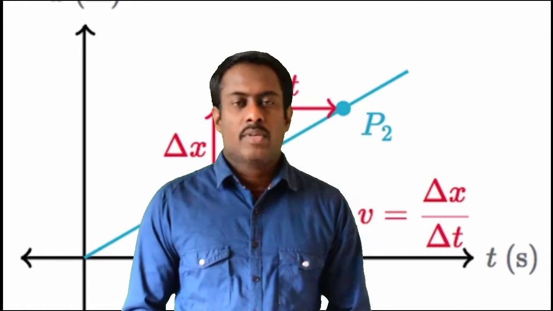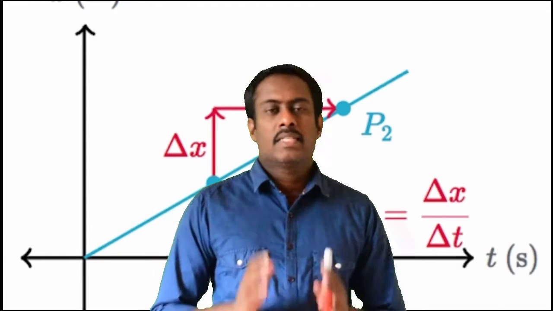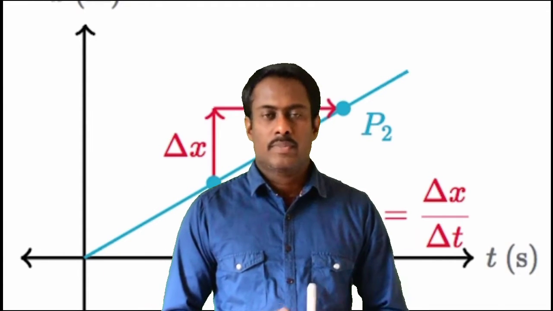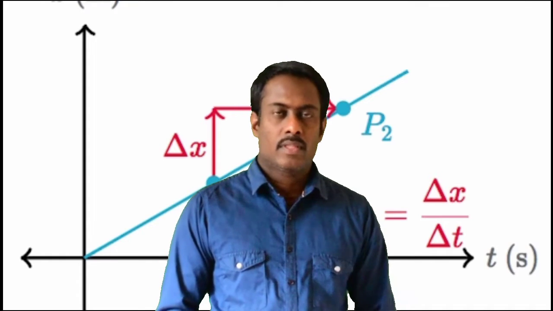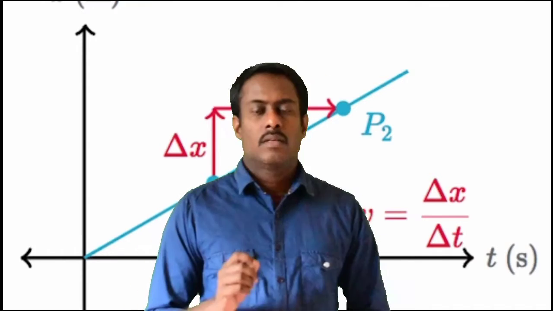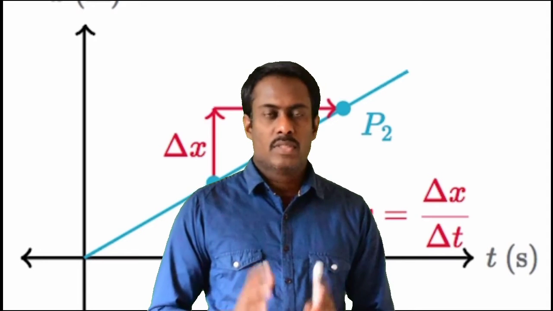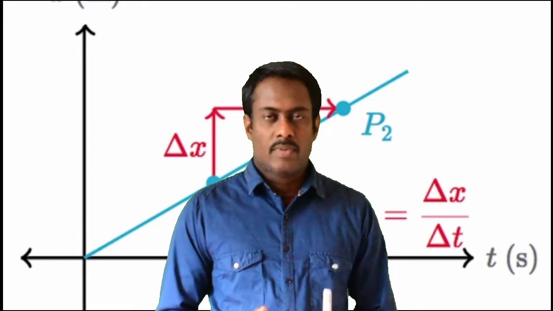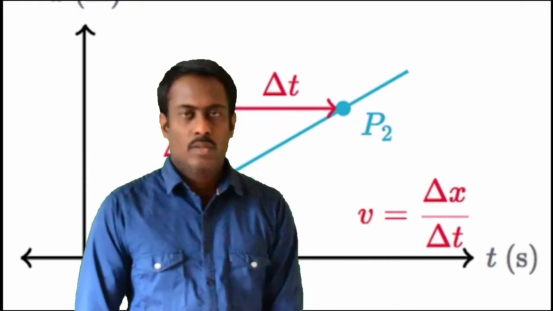The next is average velocity and instantaneous velocity. The instantaneous velocity of an object is defined as the limiting value of the average velocity as the time interval delta t becomes infinitesimally small.